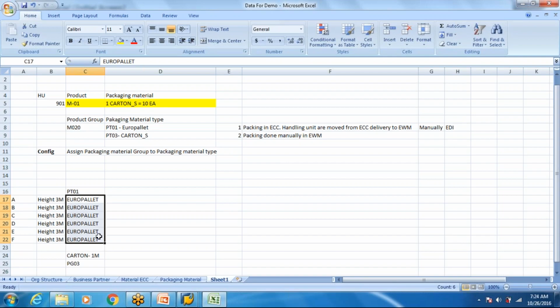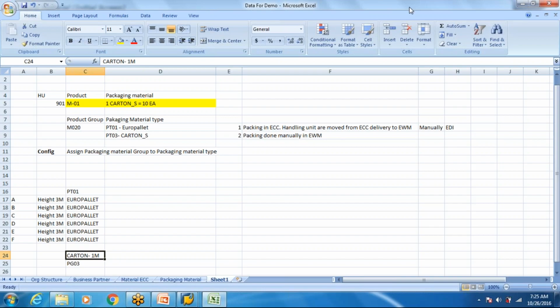It's a metal product, it's a carton product. So you can have different packaging material types based on the type. It's cardboard, or it's wooden, or it's metal, or depending on the sizes. If the sizes vary a lot, a 1 meter carton can be PGO3, a 2 meter carton can be PGO4, a 5 meter carton can be PGO6.